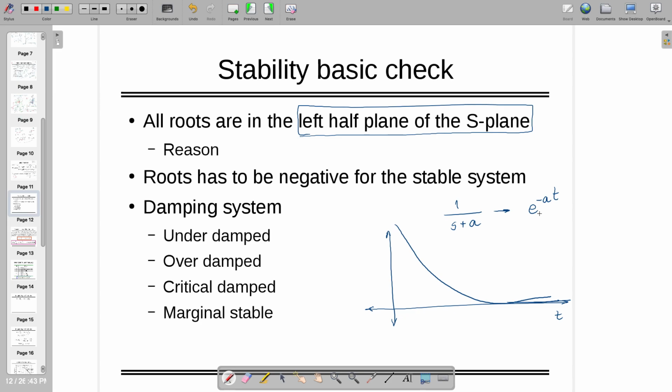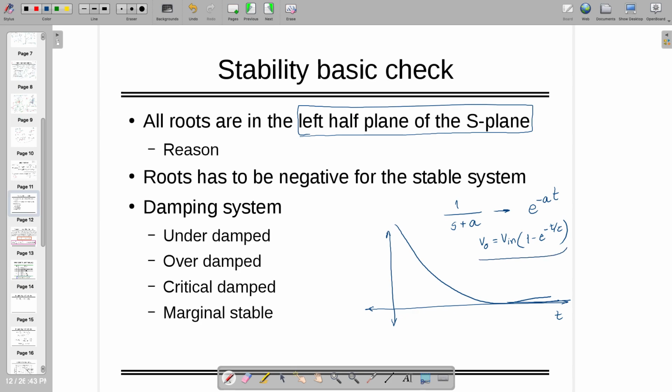When you are applying input voltage V in, V out in terms of V in is something like this, where tau is equal to R times C, right?